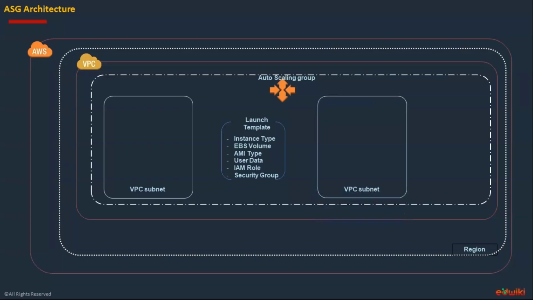You tell which subnet it has to create them in. Mostly it will be a private subnet because I want all the servers to be in a private subnet. Definitely the subnets are associated with availability zones, and you better take subnets from different availability zones. That way the servers will be distributed across multiple zones to avoid zone level failures.